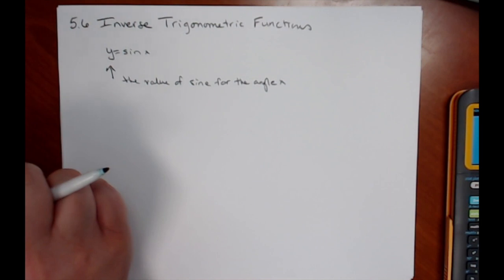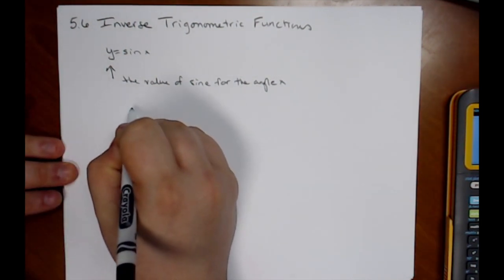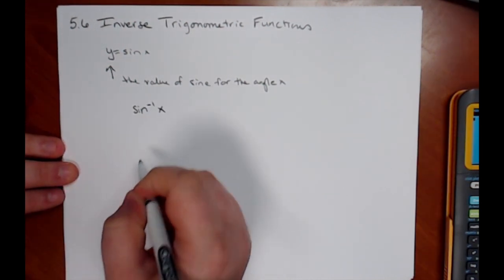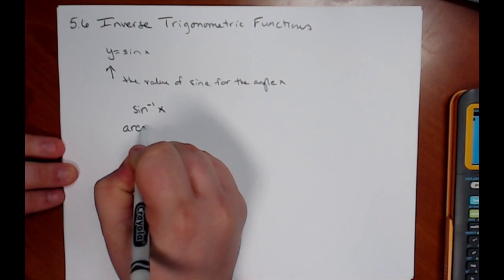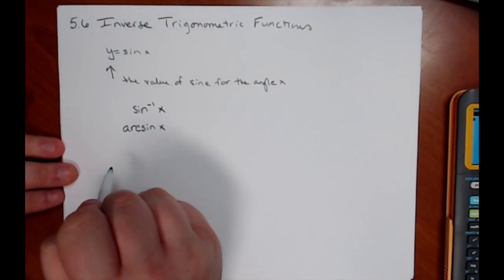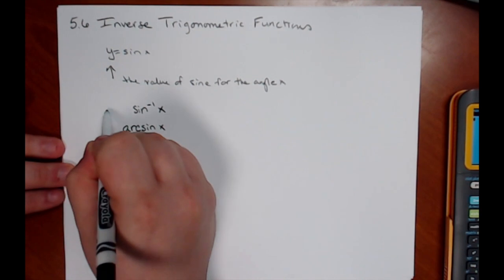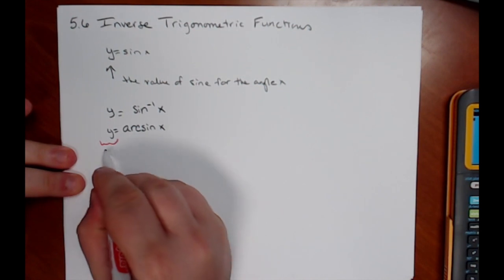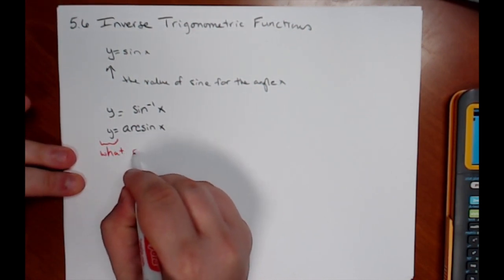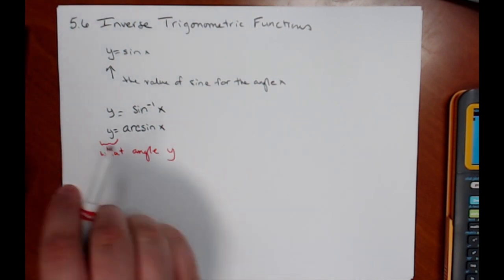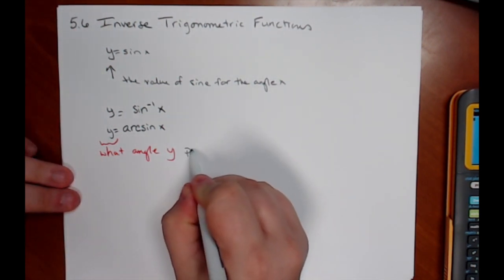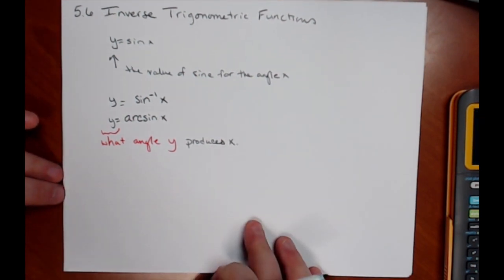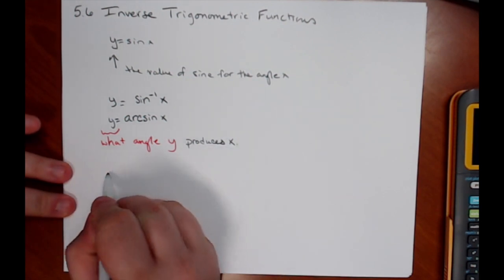And so what we'll introduce is the sine inverse function of f, or we can also write it this way, arc sine of x, which means if y equals this, what angle y produces x. You're like, what? Well, let's look at an example.